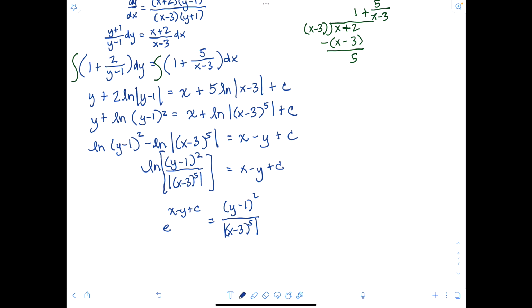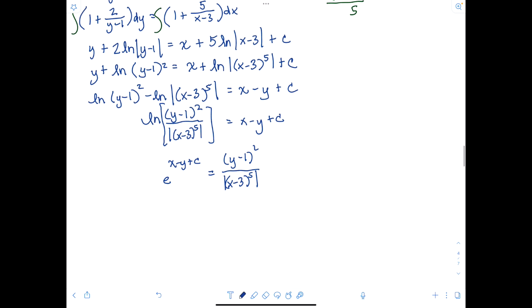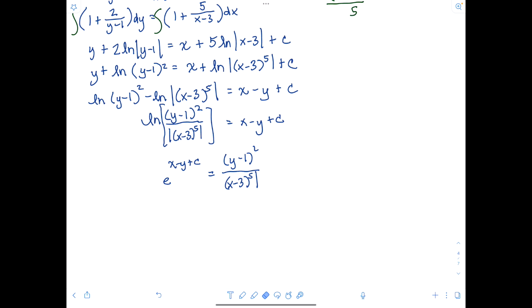Now the numerator is always positive, and an exponential can't have a negative output, so we can remove those absolute value bars from our work.